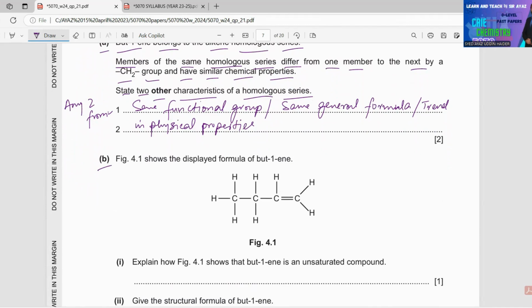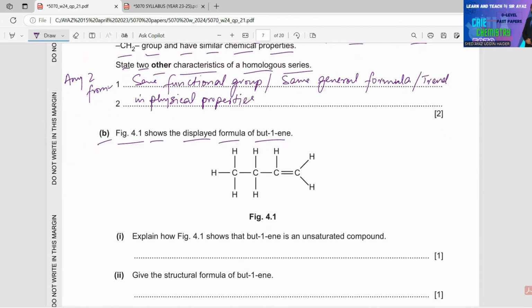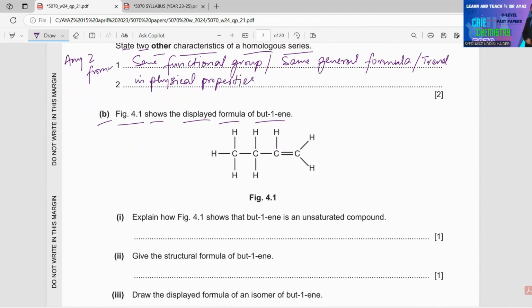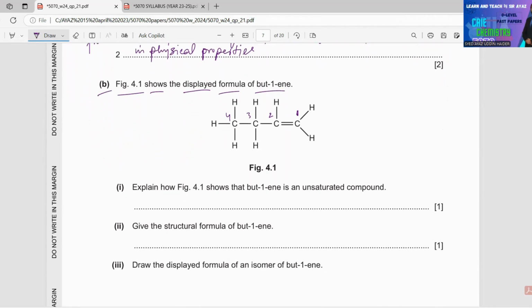B, figure 4.1 shows the displayed formula of but-1-ene. Here it's but-1-ene. You have to start counting from the right hand side. This must be carbon 1, 2, 3, 4. That's why it's but-1-ene. Ene means it's from alkene, that's why the name ends in ene.